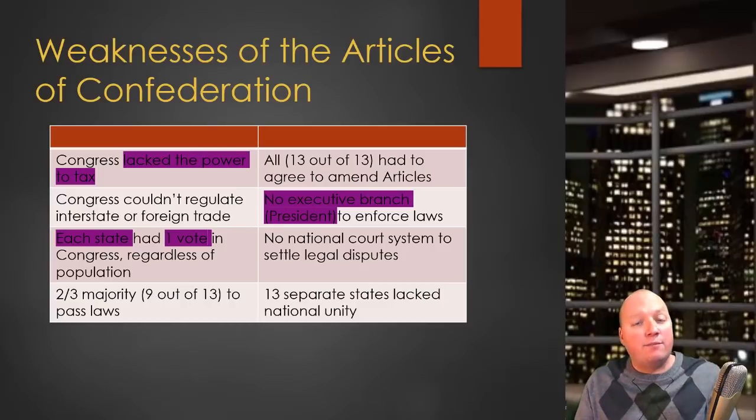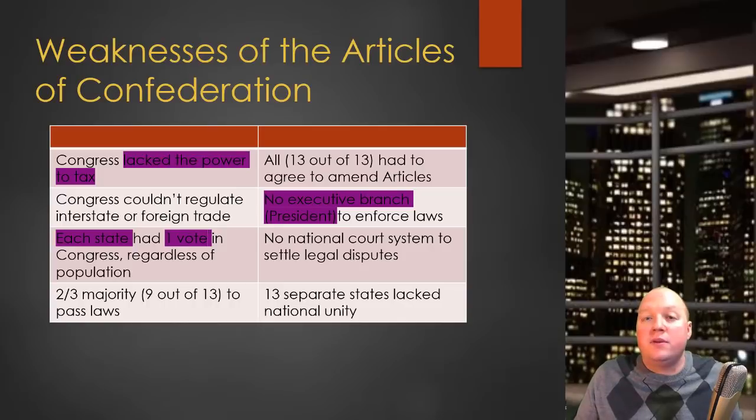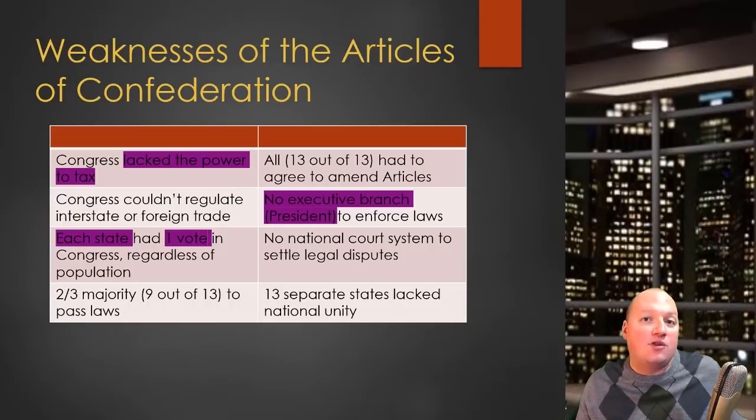It's the executive branch that enforces them. So when I pay my taxes, I pay them to the Department of the Treasury, the IRS. And so they are an executive branch. So Congress makes laws, the president's departments enforce those laws. But under the Articles, there is no president of the United States. So Congress could make laws, but there's nobody to make anyone actually follow them.